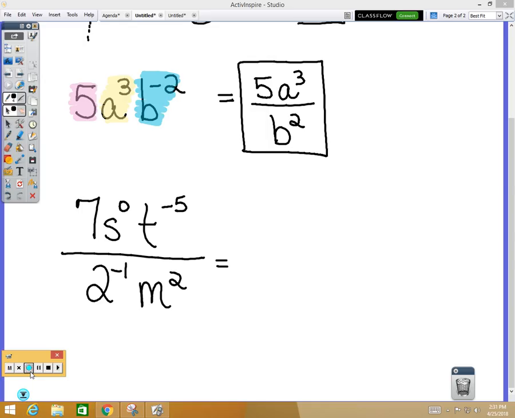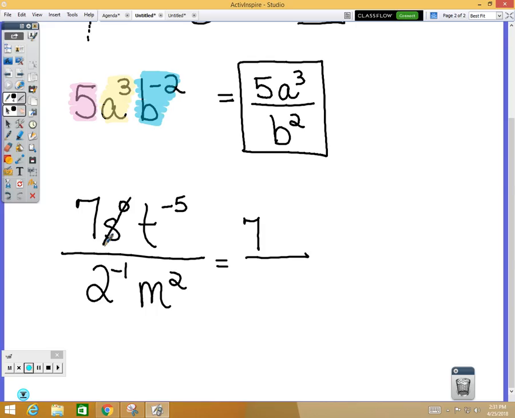This 7 has a positive exponent, so the 7 gets to stay on top. My s has a 0 power, so the whole thing becomes a 1. And we don't really need to, again, show 7 times 1 because it's just 7. Okay, so it goes away.